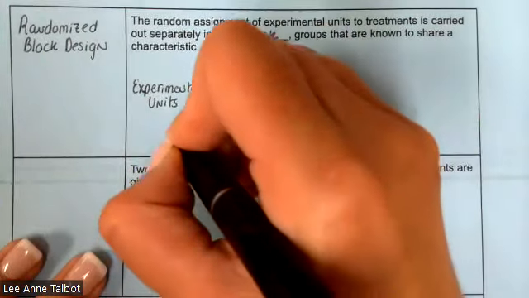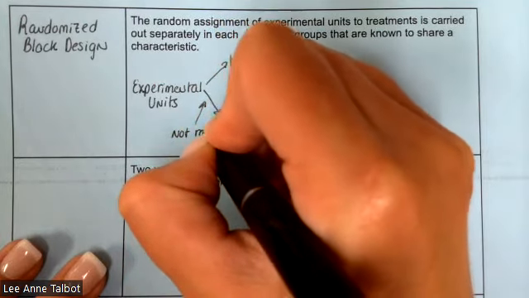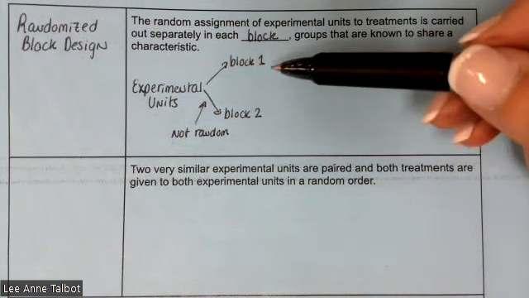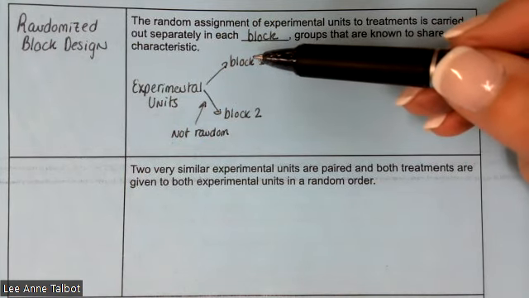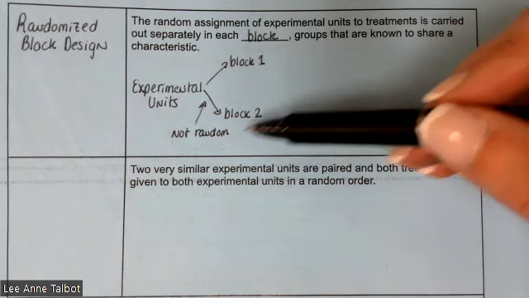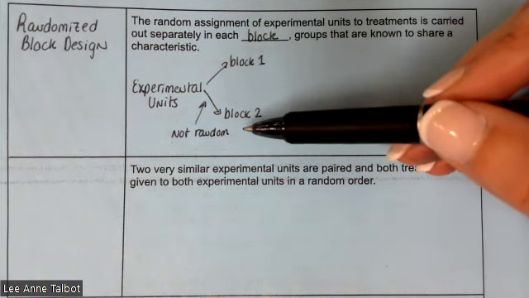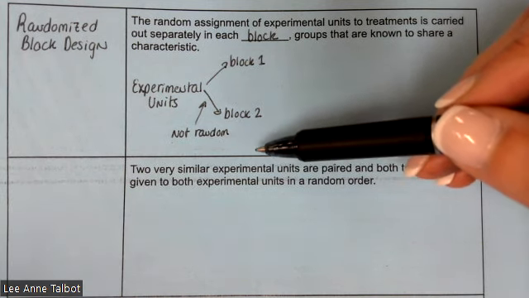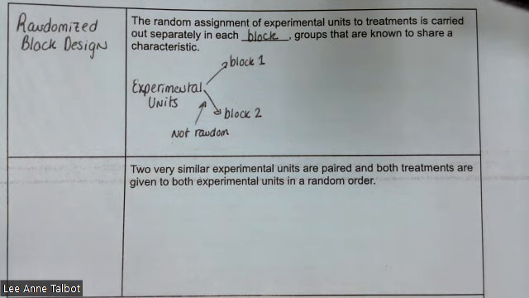This process is not random. It's literally, this group shares a certain characteristic, like they're all over 50 years old, and this group shares another characteristic, they're all under 50 years old, something like that, or 50 and under. You know what I'm saying? Like you would split them up on purpose.